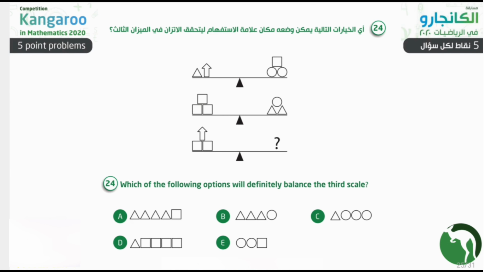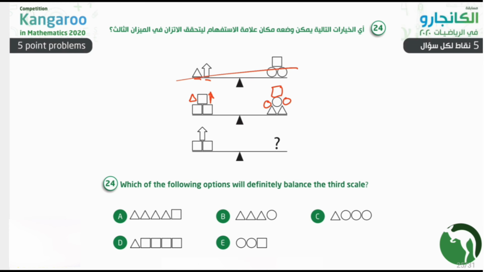In question number 24, which of the following options will definitely balance the third scale? So here, if we add these two and these two, let's see what we will have. I will put this one here and this one here, and I will put these two circles and one square.